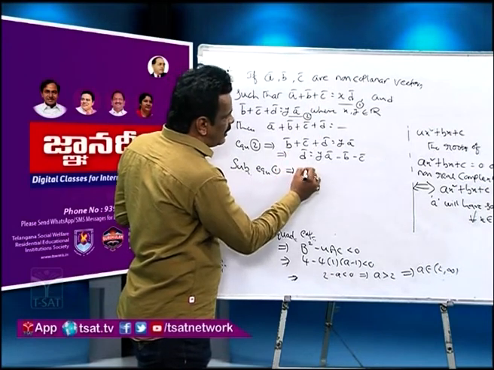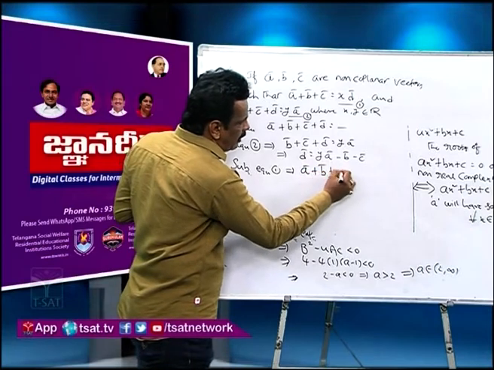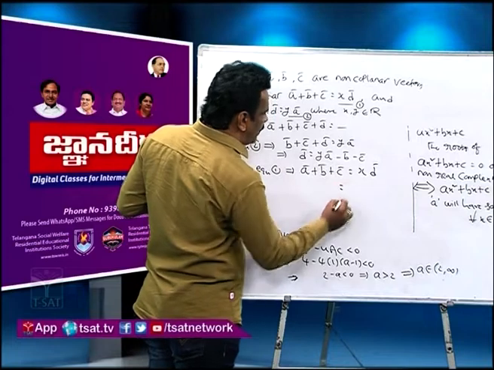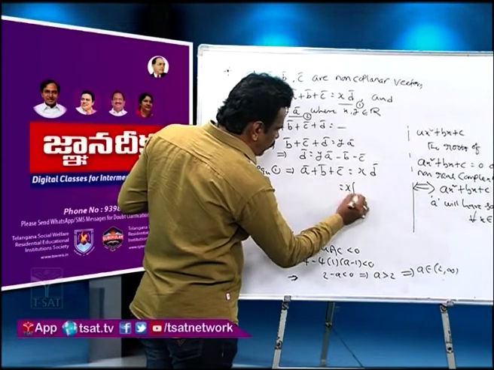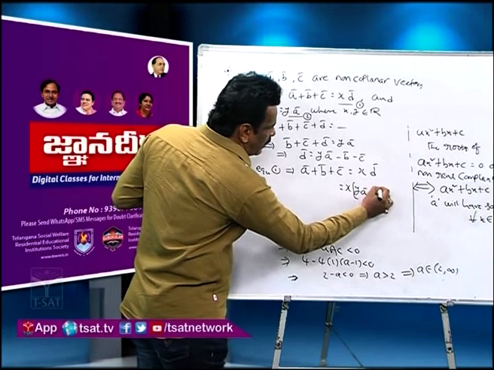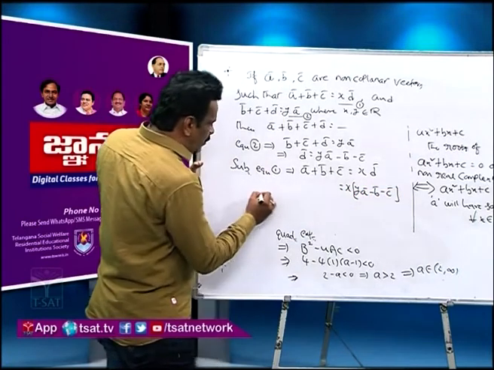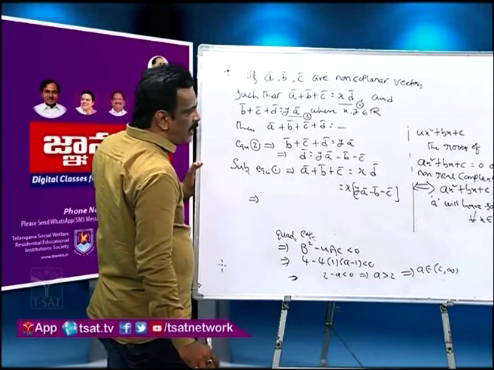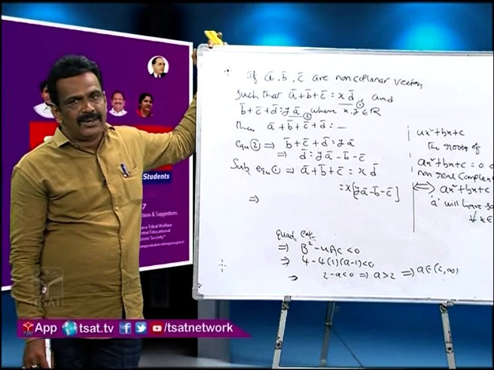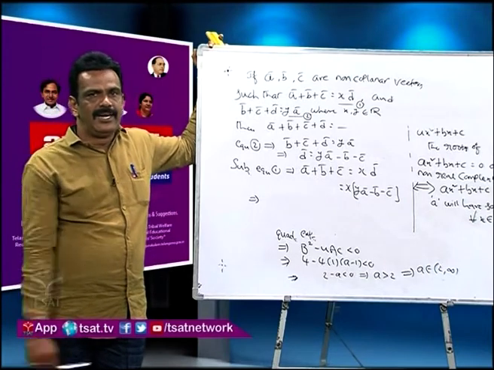Equation 1 implies A bar plus B bar plus C bar equal to x D bar we were given, and it can be written as x into this D bar, we can replace y A bar minus B bar minus C bar. So we can bring all to one side. Why should I bring all to one side? As the vectors A bar, B bar, C bar are non-coplanar, definitely we must apply the linear independence condition.